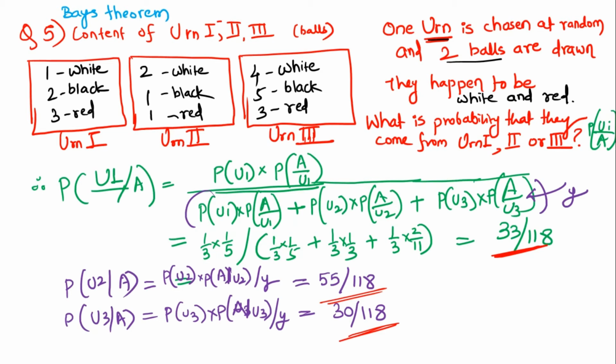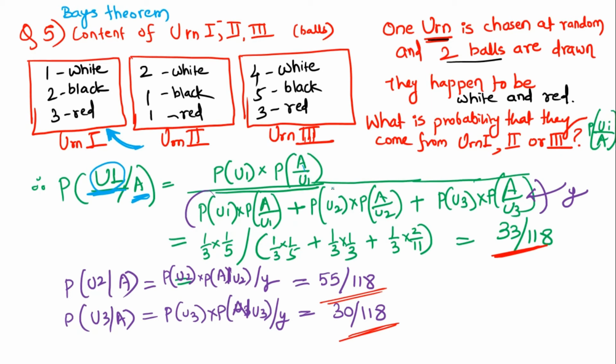The probability that the balls come from the first urn, given that two balls are already taken out, is the probability of urn 1 multiplied by the reverse, the probability of event A given urn 1.